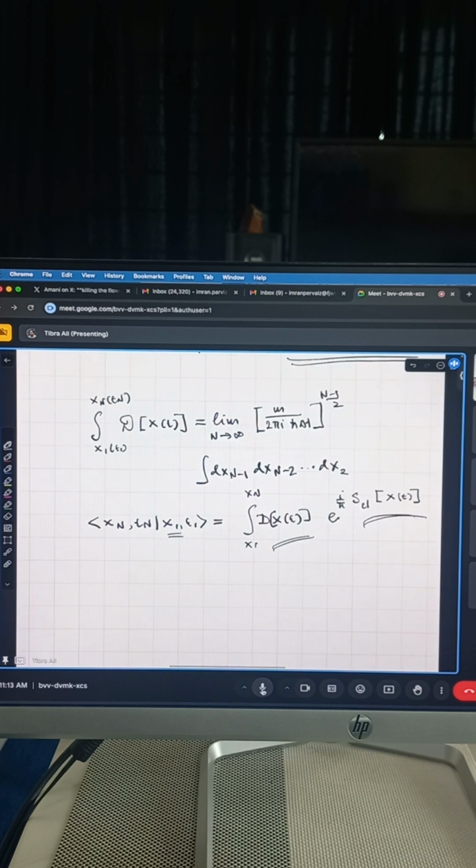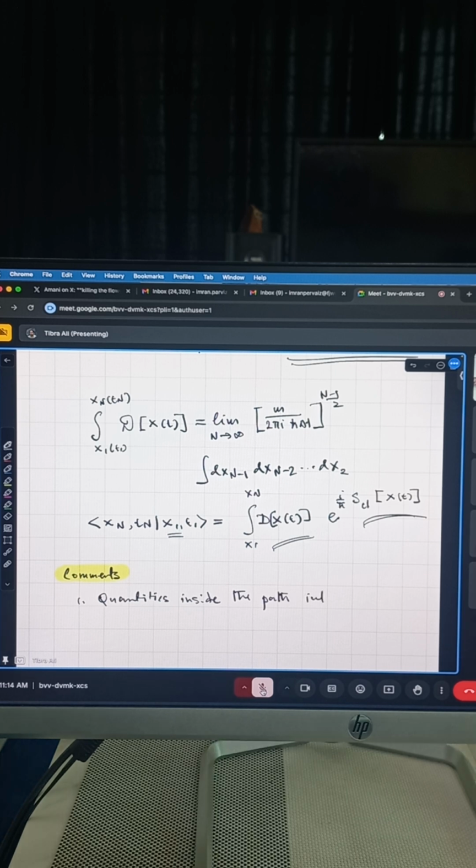So some comments are in order. Please interrupt me if there are questions. Number one is that all the quantities inside the path integral, such as this guy, are classical, meaning that they're not operators.